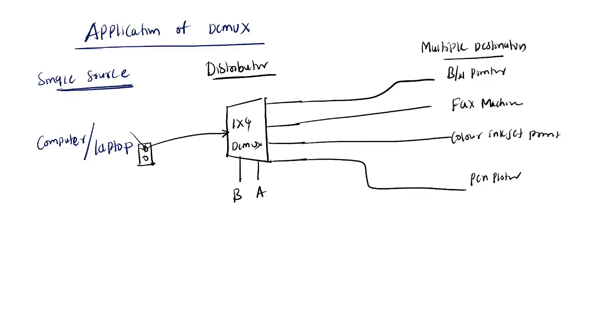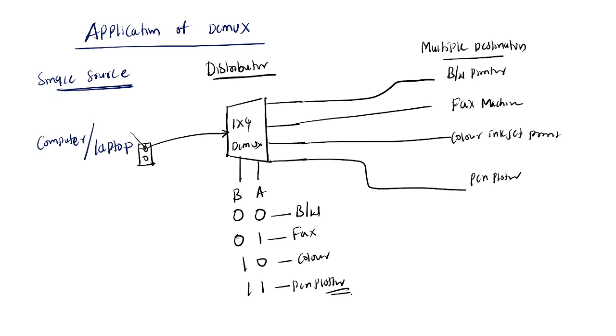Depending on the selection line, when it is 0 0, the black and white printer is connected. When it is 0 1, the fax machine is connected. When it is 1 0, the color inkjet printer is connected. And when it is 1 1, the pen plotter is connected. Is it fine? Fine, sir. Okay, so this is about the DMUX.